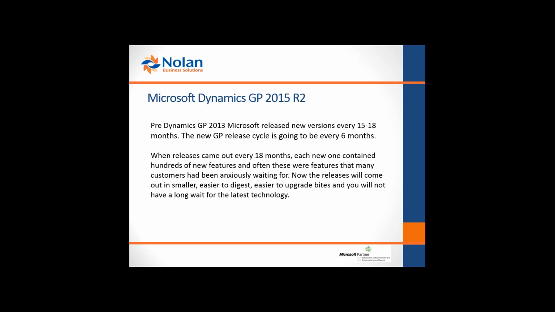Also, there were a lot of new features added to each version, which made it confusing for customers. So it's going to be smaller now, easier to digest, and hopefully easier to upgrade. And you don't have to wait so long to get the latest technology.